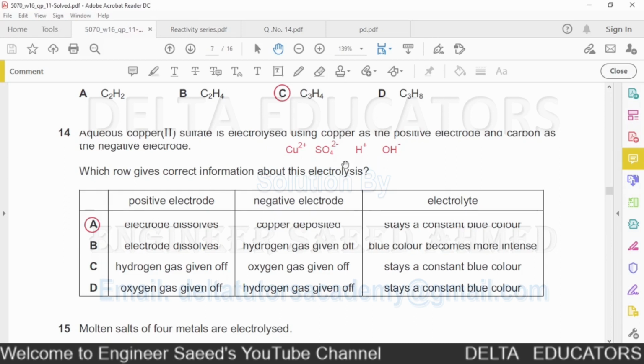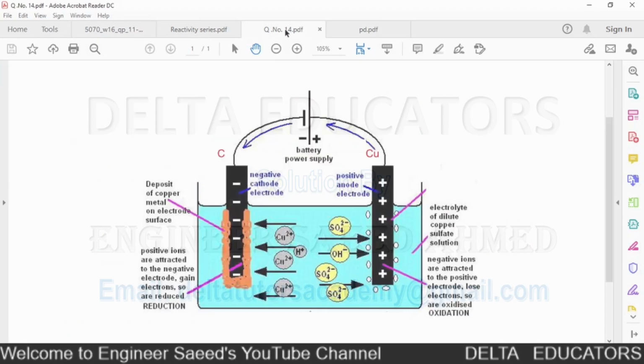And it is given that this electrolysis is taking place using copper as the positive electrode and carbon as the negative electrode. In the solution, we have copper ion, hydrogen ion, sulfate ion and hydroxide ion.